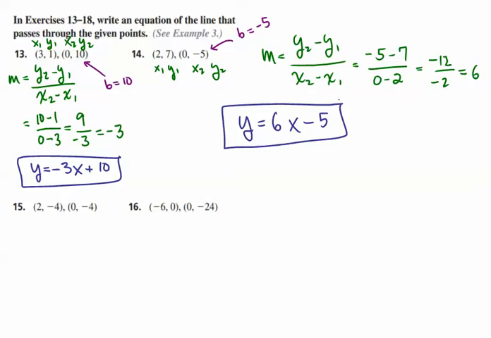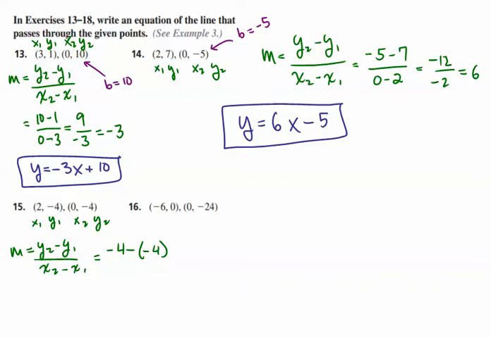Great. All right, going on to example 15. Label x1, y1, x2, y2. m is equal to y2 minus y1 over x2 minus x1. y2 is negative 4 minus y1 is negative 4. Notice the two y values are the same.